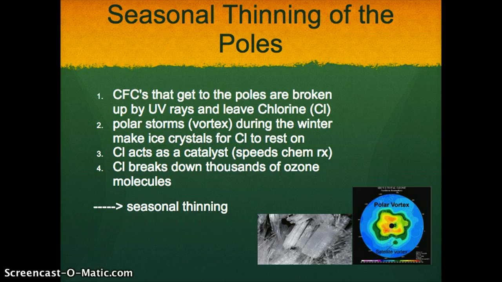And polar storms or vortexes in this area during the winter make ice crystals for the chlorine to rest on. And so when the chlorine is rested on there, it acts as a catalyst, or begins and speeds up the chemical reactions, creates heat. And so this chlorine breaks down thousands of ozone molecules and therefore causes the thinning of the ozone layer. And we call this seasonal thinning.